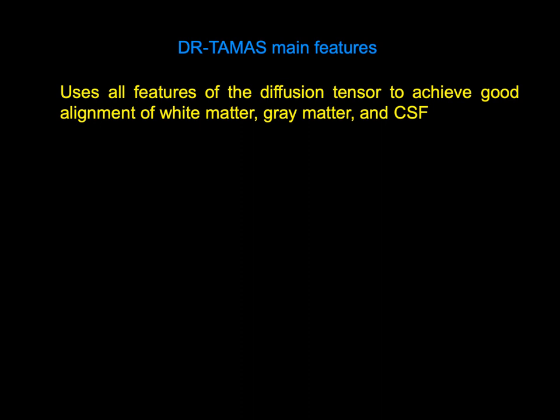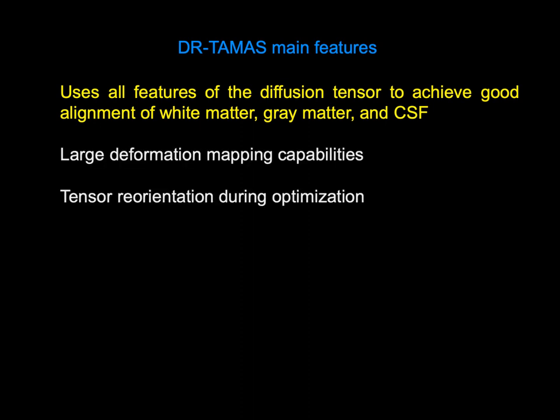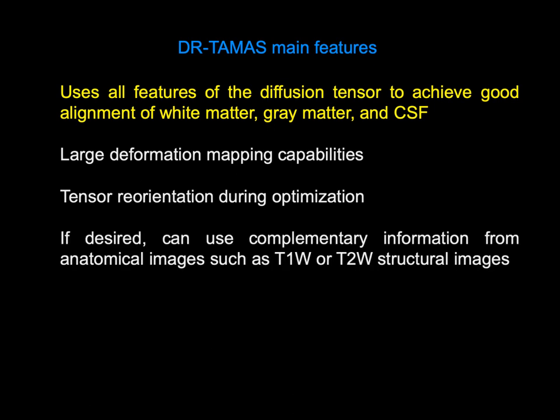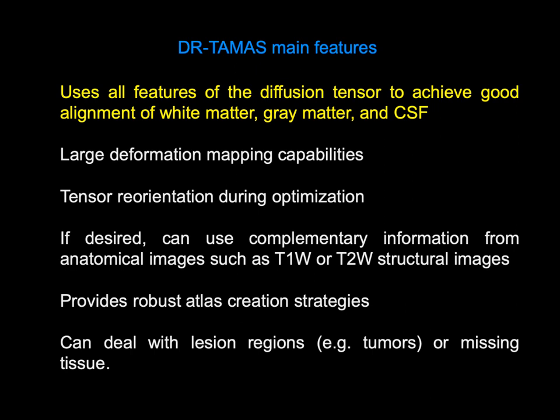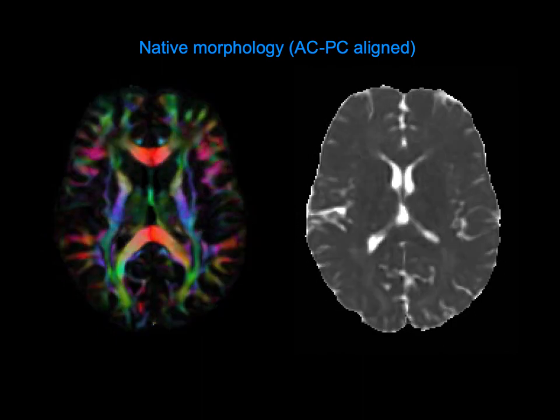You want to register well all brain structures. And then these are other features: larger deformation capability, tensor reorientation during optimization, it can be applied to other images, and so on. Atlas creation strategies, and it can also deal with pathology, regions that essentially do not satisfy this diffeomorphism condition.